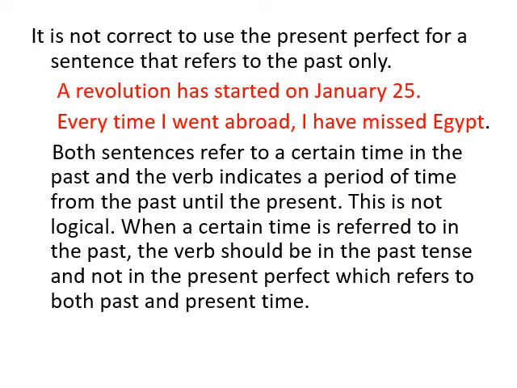It's not correct to use the present perfect for a sentence that refers to the past only. لو أنا بتكلم على الماضي فقط ما ينفعش إن أنا أستعمل ال present perfect.